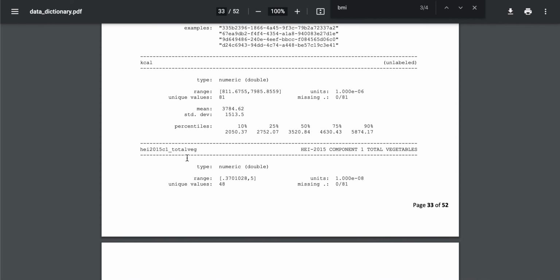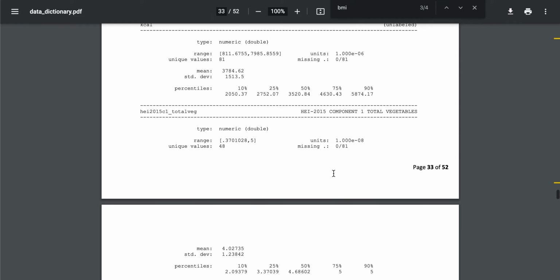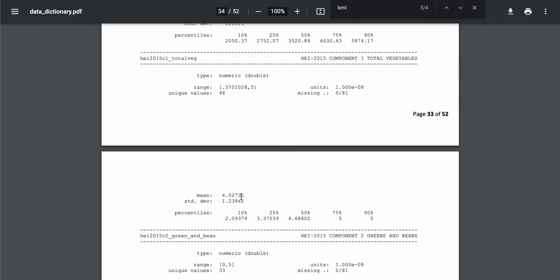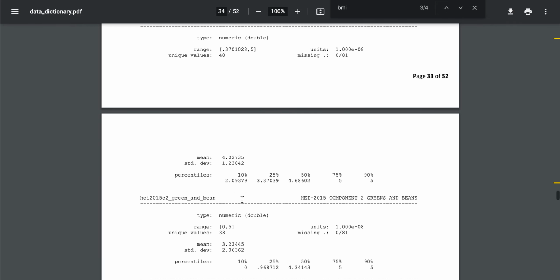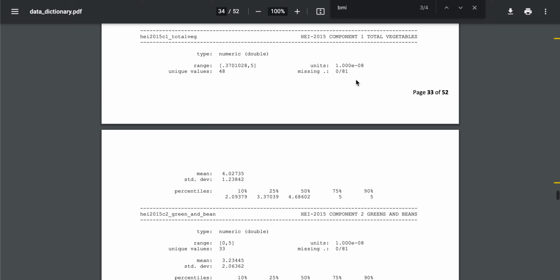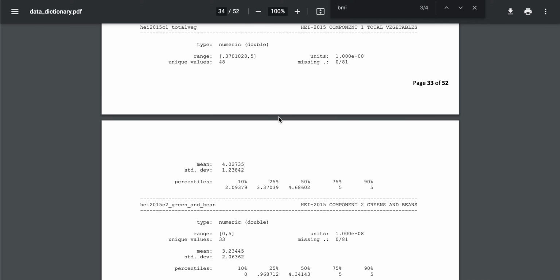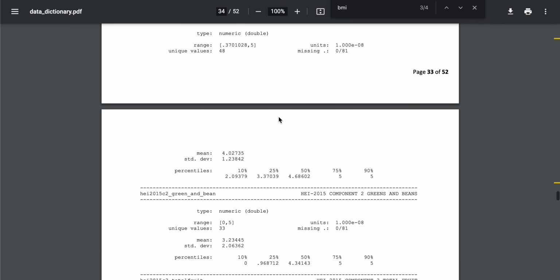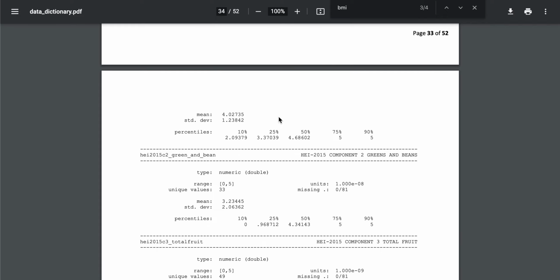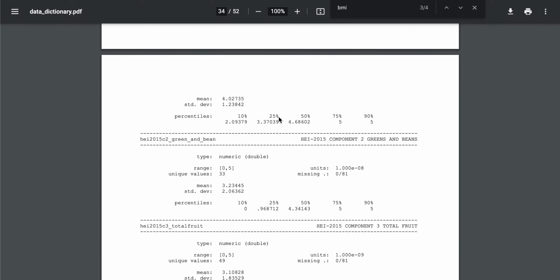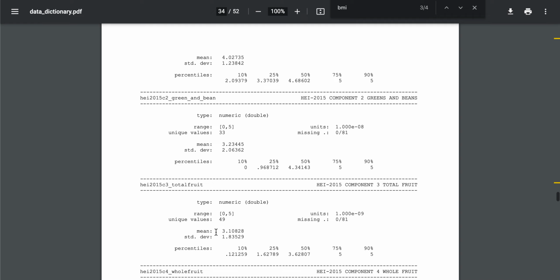Kilocalorie, then we have HEI vegetables. Mean is this. This is the standard deviation, no missing values. So all these HEI measures are the intake of different foods, I guess, or different portions that make up the daily intake of food.